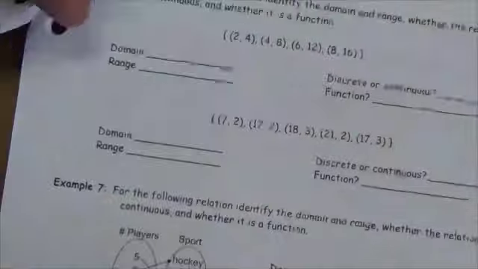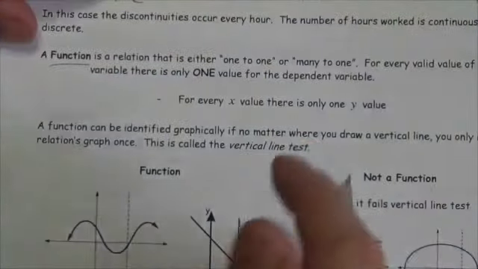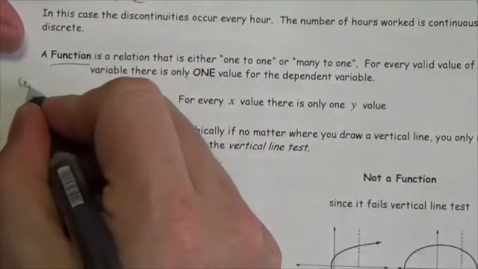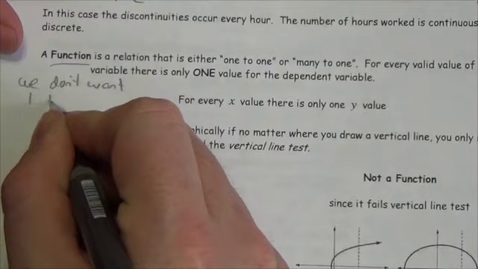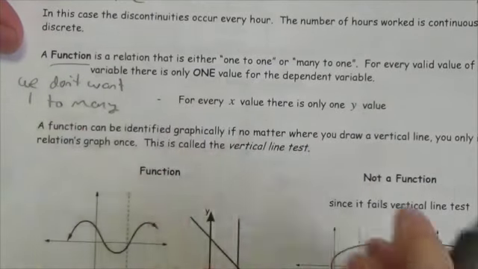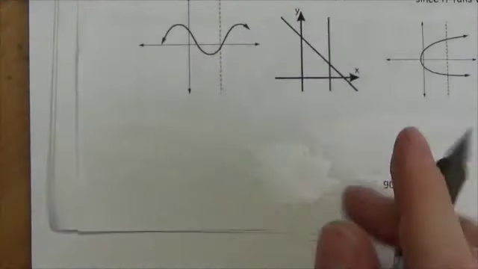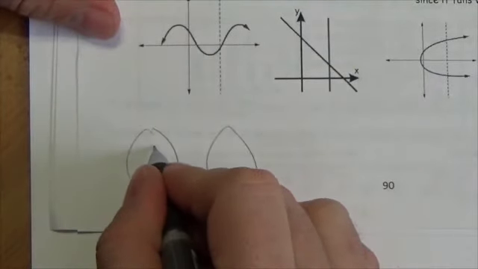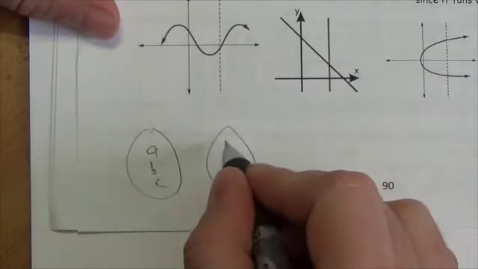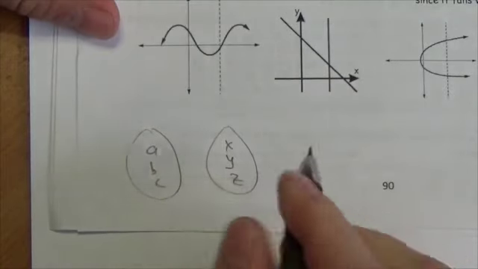Let me flip this over here, and I'll give you a little example. What we don't want is one-to-many. What one-to-many looks like, if I was to draw this out for you, let's say I had A, B, C, and X, Y, Z here.